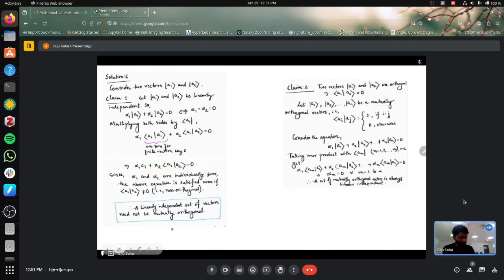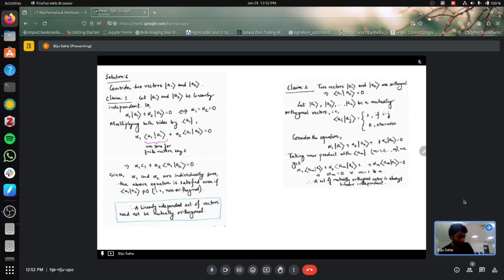We started with n mutually orthogonal vectors, and the inner product of a vector with itself can be any finite value. So let us take that value to be 1. If i equals j, that is the inner product of a vector with itself, which is equal to some finite value, which is 1.